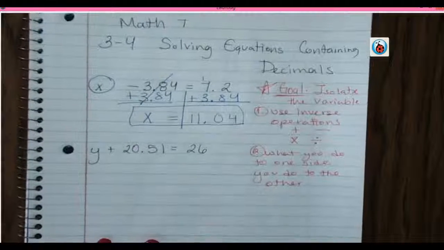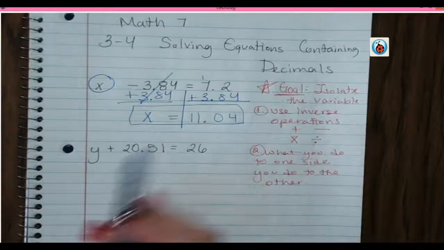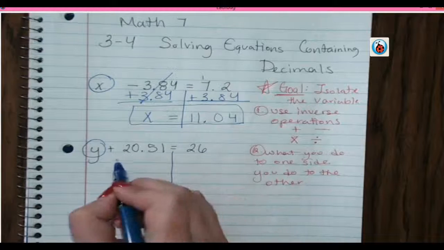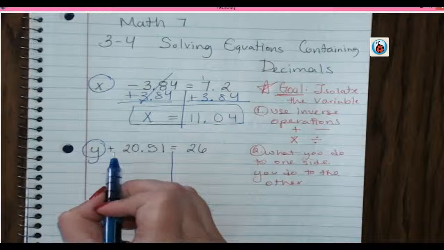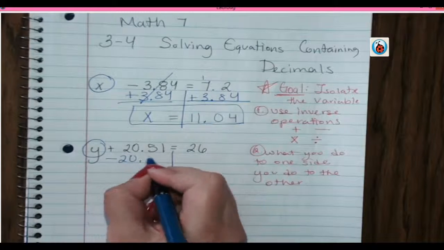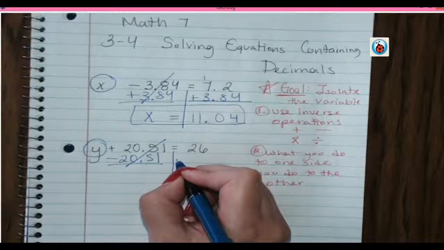If we have y plus 20.51 is equal to 26, our goal is to isolate the variable. That means we want y by itself. We have to use inverse operations. What's the inverse of plus 20.51? Minus 20.51. What you do to one side, you do to the other.